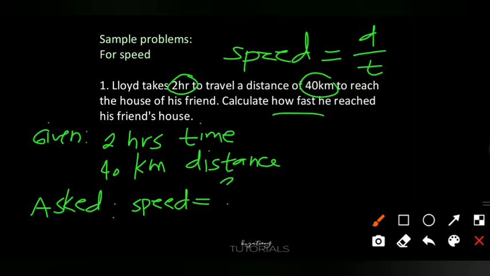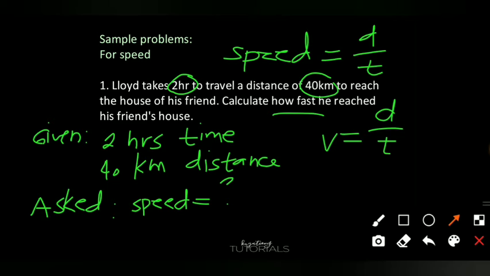So remember ang atong formula, speed is equal to distance over time. So ang ato na i-symbol, V is equal to distance D over T. Kana si V, this is speed. Okay? Si V, speed na inumdumi. D is distance. T is time.